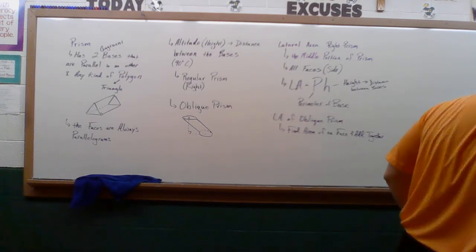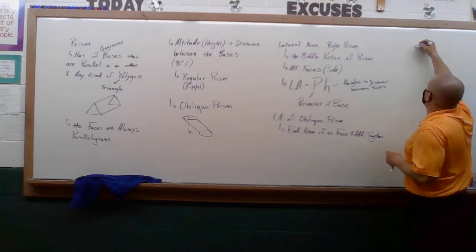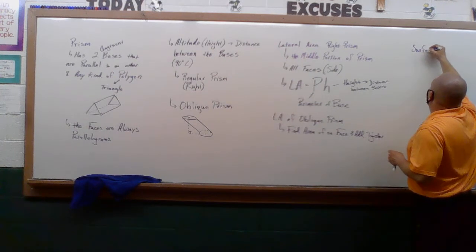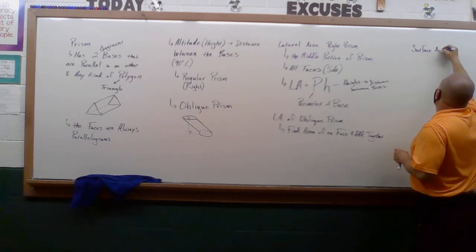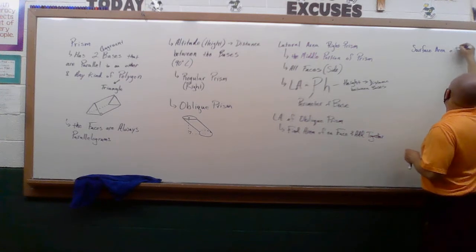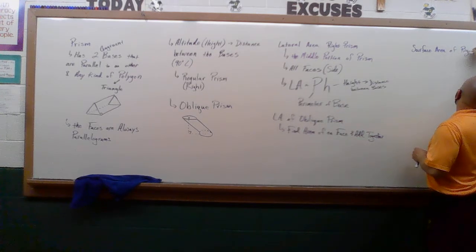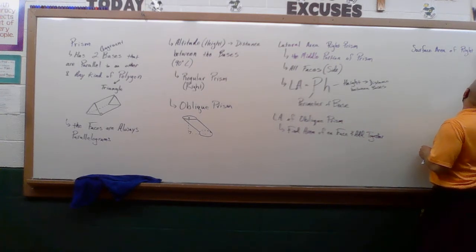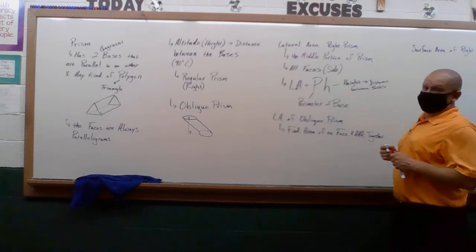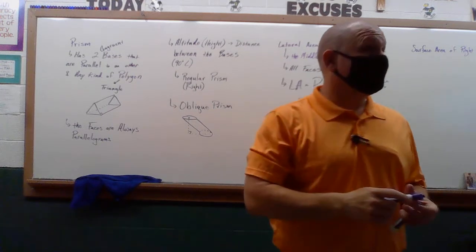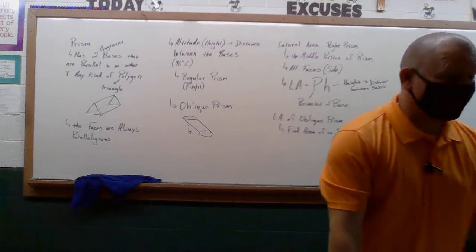So then from there, we go on to the surface area of a right prism. So what's the difference between the lateral area and the surface area? The complete outside, right?